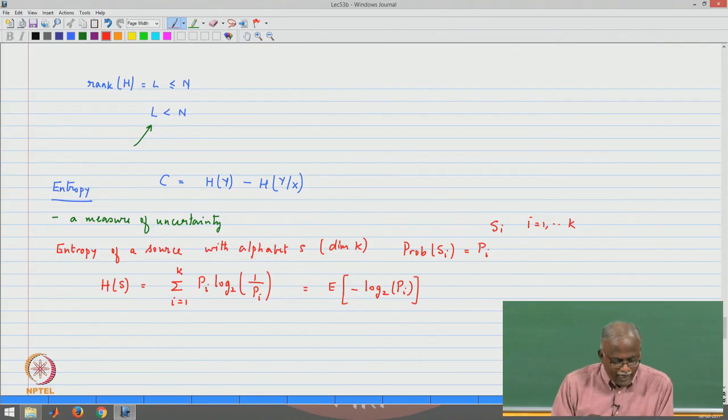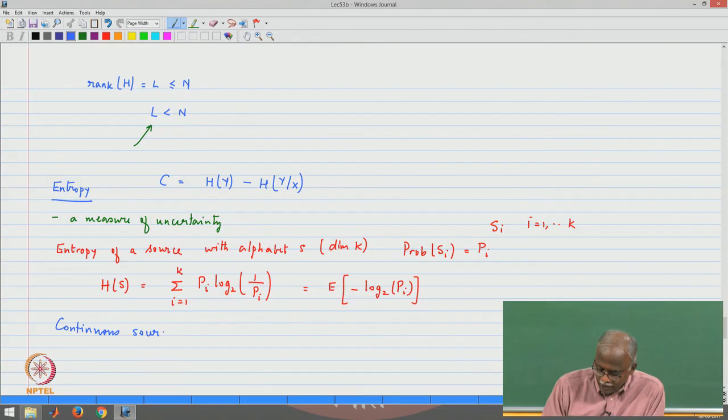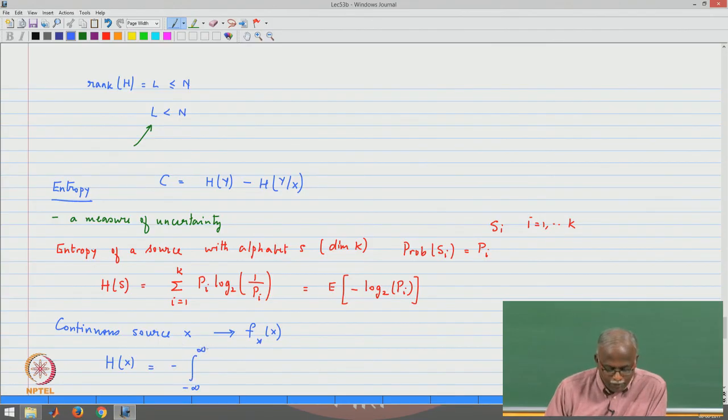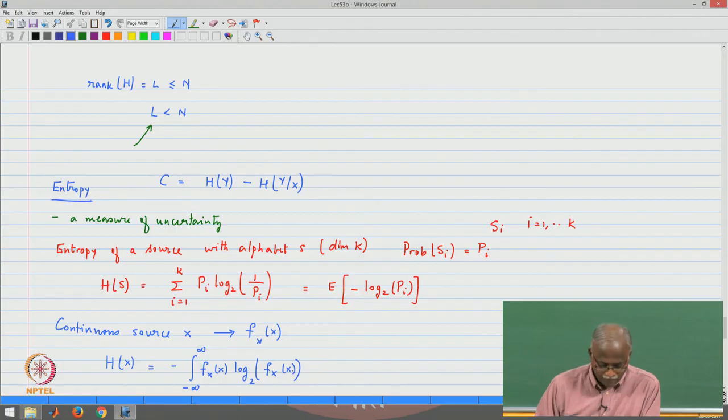Now, if you were to think of a continuous source, where the variable of interest is a source x, then you would have the corresponding probability distribution function f subscript x of x, and the entropy of this source h of x can be written as minus the integral from minus infinity to infinity of f_x(x) logarithm base 2 of f_x(x) dx.